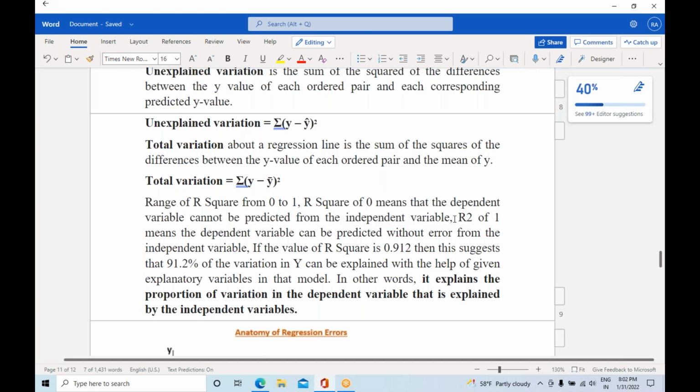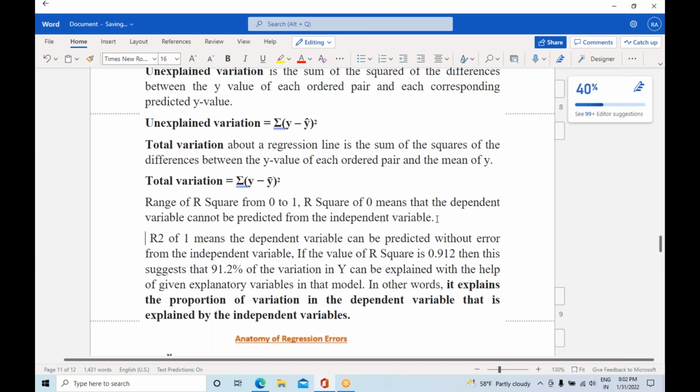So in the case where my r square value becomes 0, the model is not at all good. If my r square is 1, it indicates that the variable can be predicted without any error, so your model is 100% good, with no errors at all.